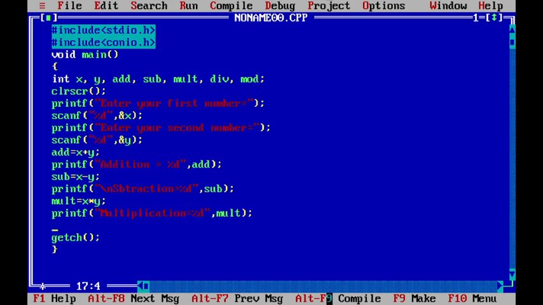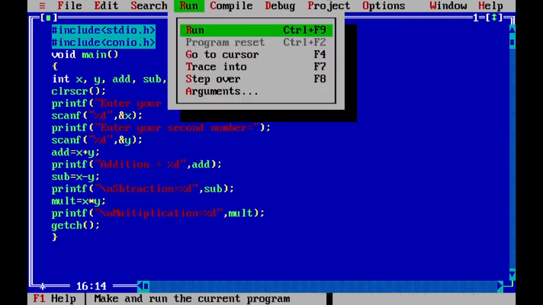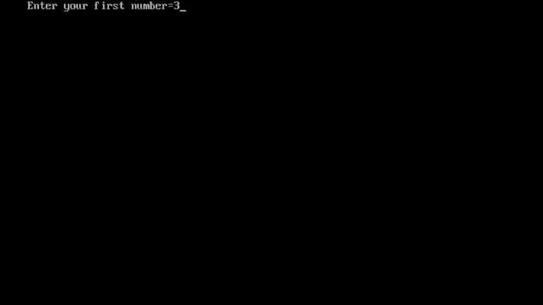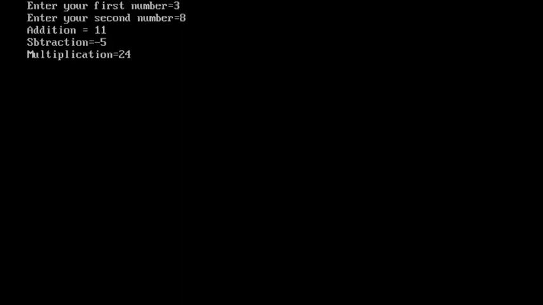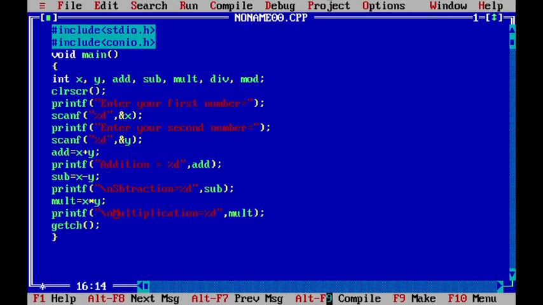Now if we compile, 0 errors, and again we want to print multiplication on a new line. So now if we run with 3 and 8, then addition is 11, subtraction is -5 and multiplication is 24.